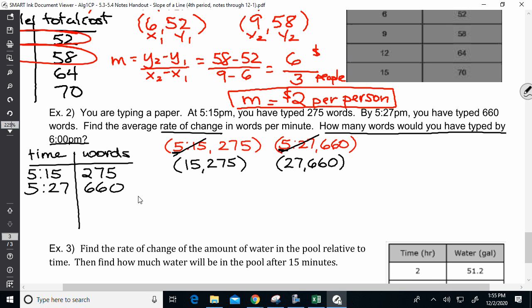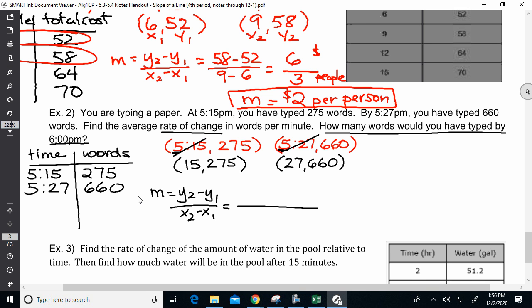Any questions before we continue? Okay, let's keep going. So we're using the same slope formula. We're going to fill out the top and the bottom.